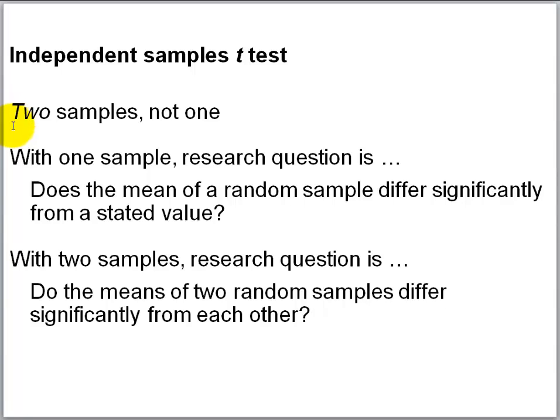With one sample, the research question is, does the mean of a random sample differ significantly from some stated value? With two samples, the research question is, do the means of two random samples differ significantly from one another?